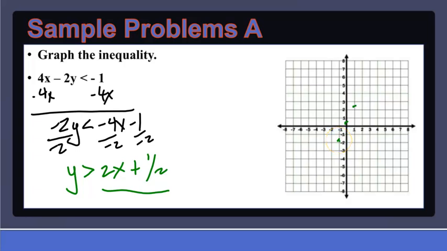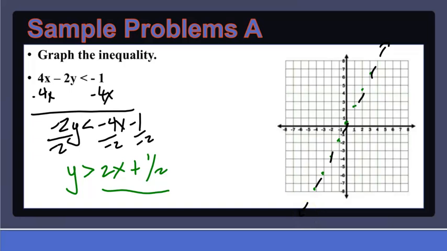And if I were just to continue that, you can start seeing where my line's going to be. Since it's got the greater than symbol, it's going to be a dashed line. So anything that lands on that line is not a solution.